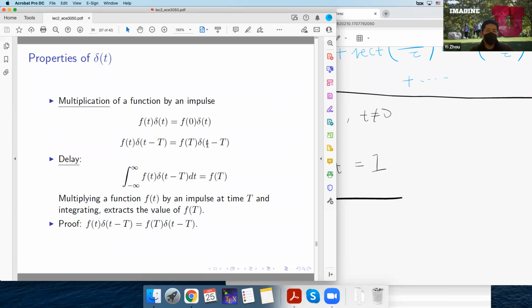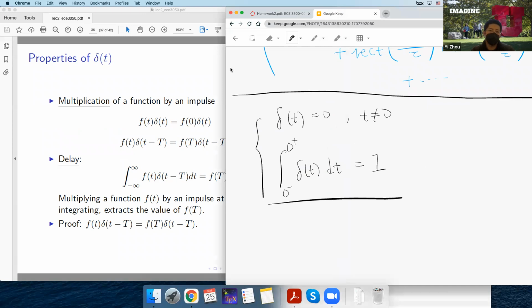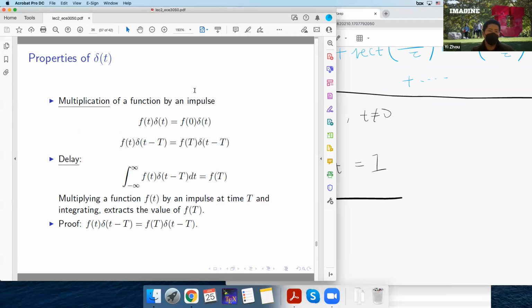And based on this property of the impulse signal, it has many nice properties that we can leverage in the calculations. For example, multiplication: we can consider multiplying any function, any signal f(t), by the impulse signal delta(t). It can be simplified as a constant, f evaluated at 0, multiplied by delta(t).